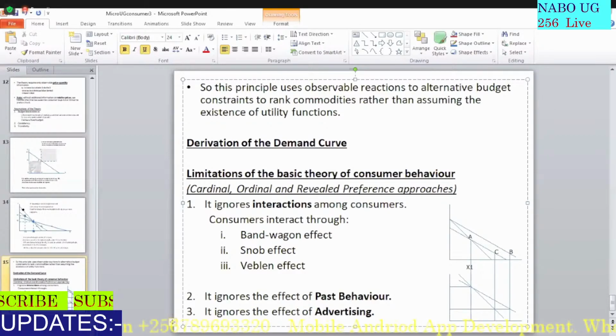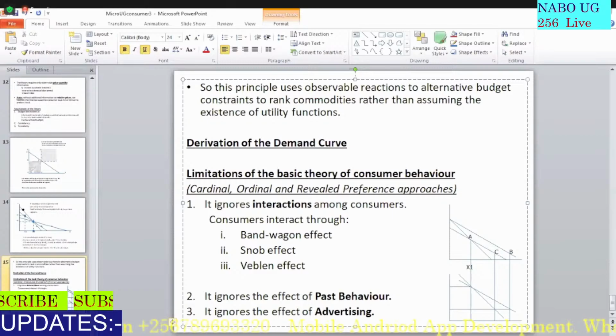Now the demand curve using the revealed preference. So basically here, the only difference is that this time we don't use indifference curves. So originally, if the individual is at A, you also record that in the down diagram where you're deriving the demand curve.